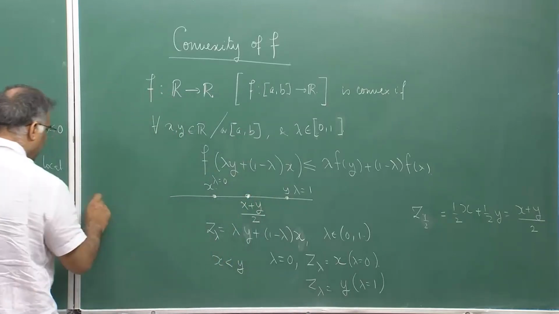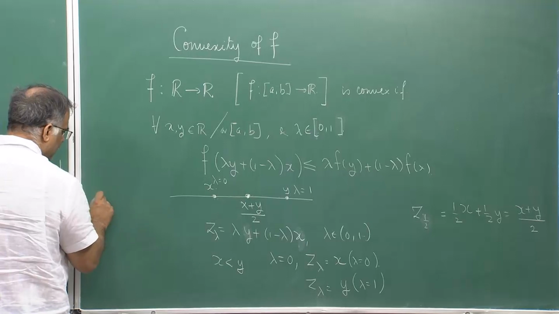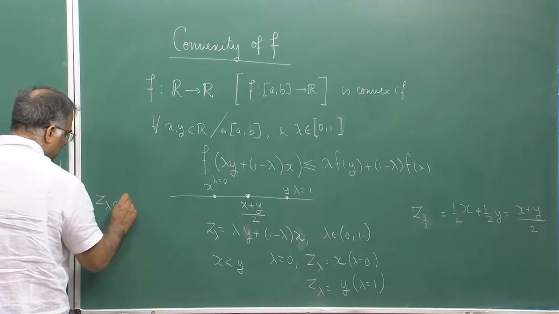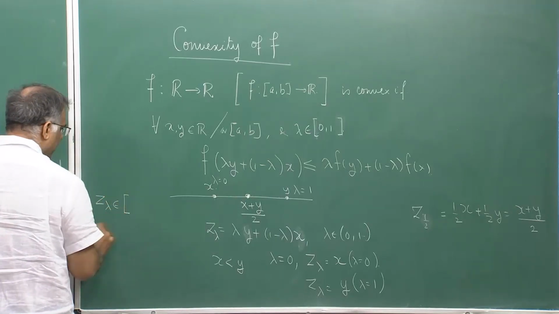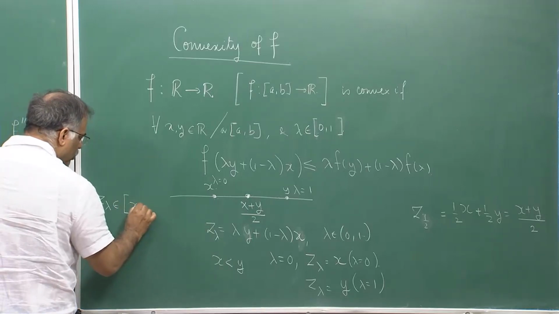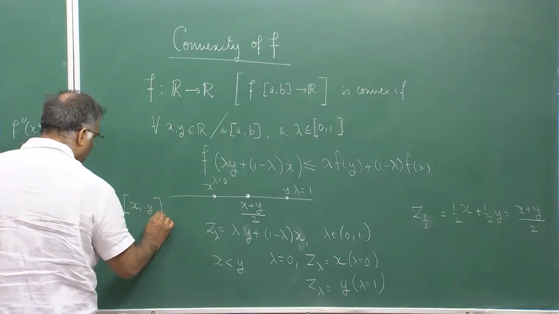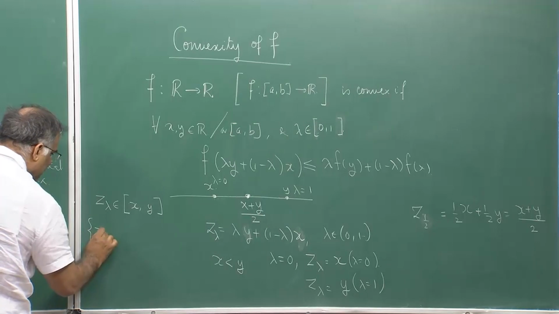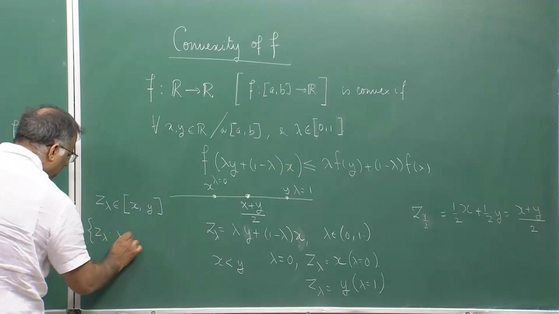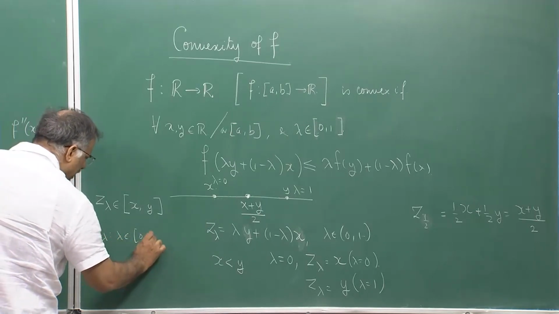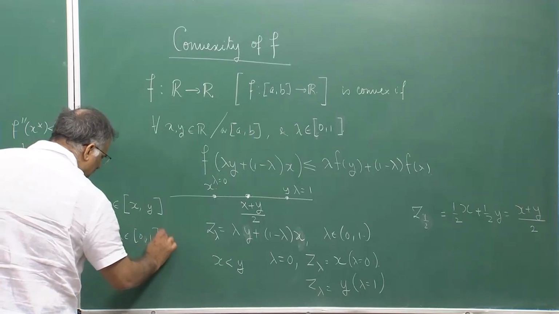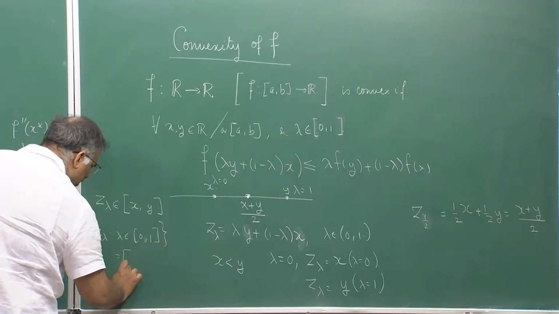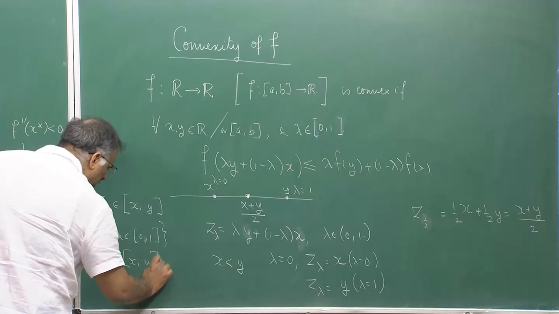So, the collection of z lambda where lambda belongs to [0, 1] is nothing but the closed interval [x, y].